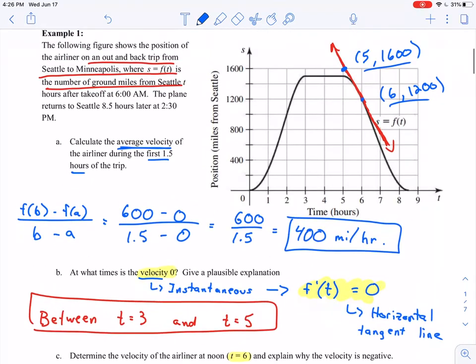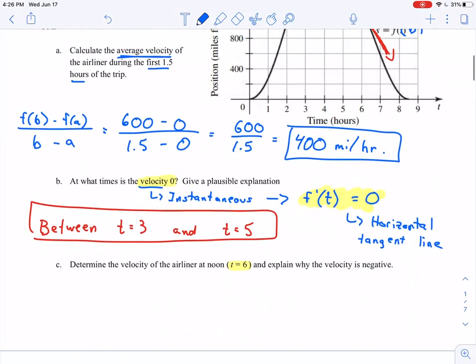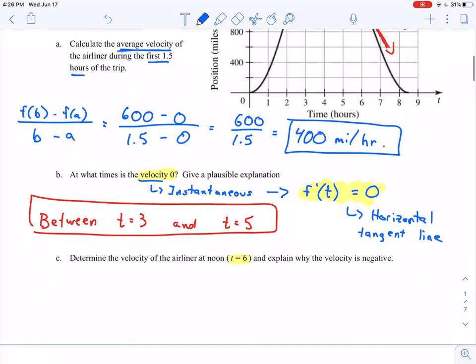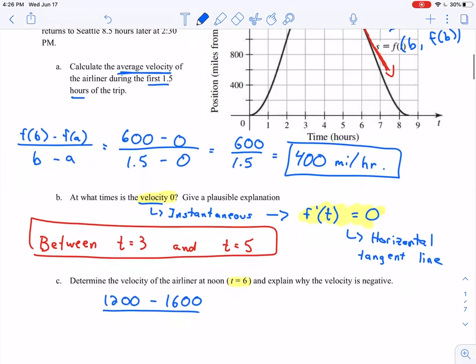So let's see. I'm going to call this guy right here, how about we call this (a, f of a) and (b, f of b). So I will have 6 minus, f of b. So 1200 minus 1600, divided by 6 minus 5.